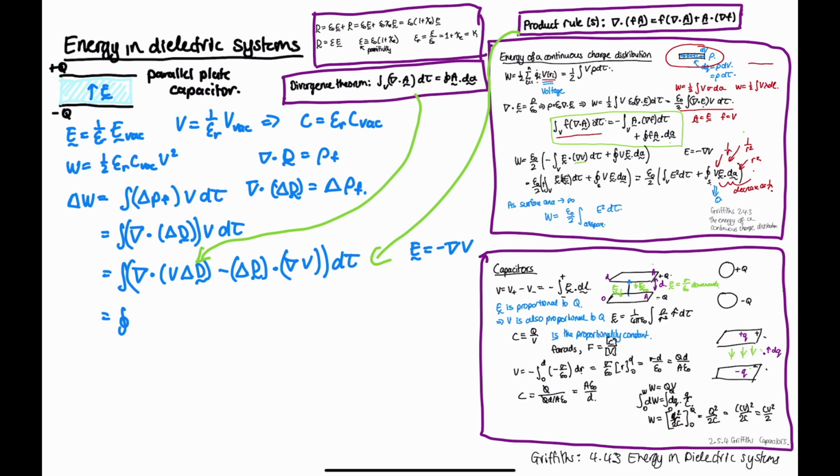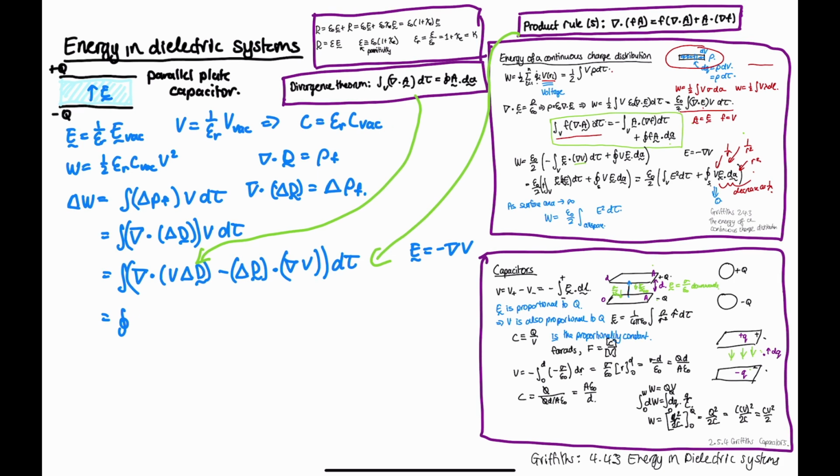This is equal to the surface integral of V delta D dA. And then we've got a negative here and a negative here. So this is plus the integral of delta D dot E d tau. And we'll just put brackets around that to be very clear.